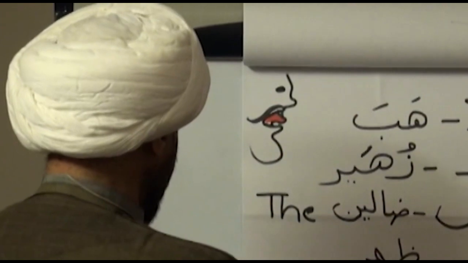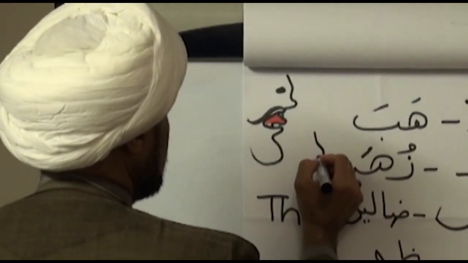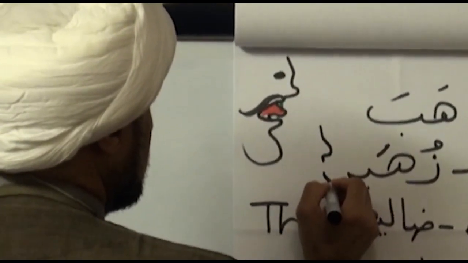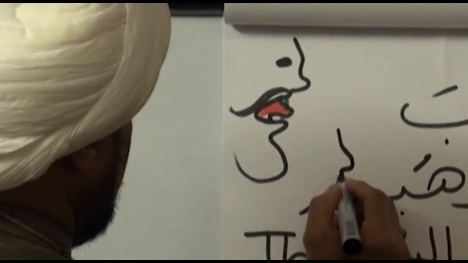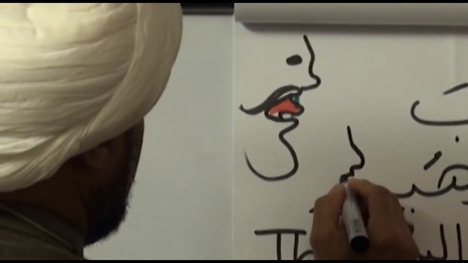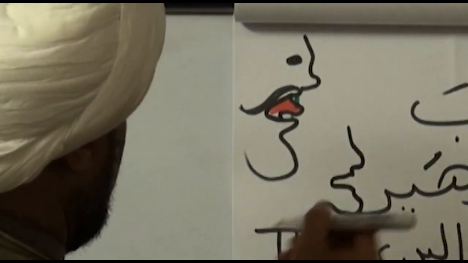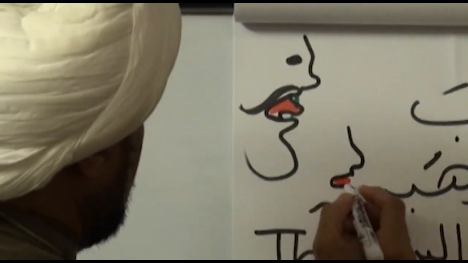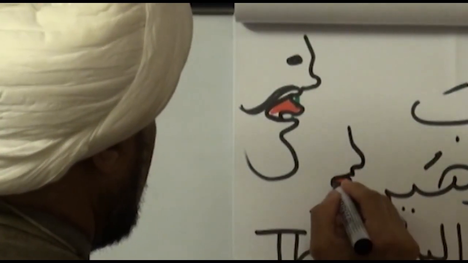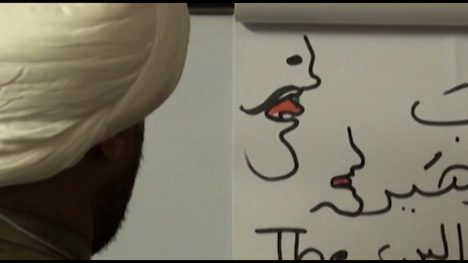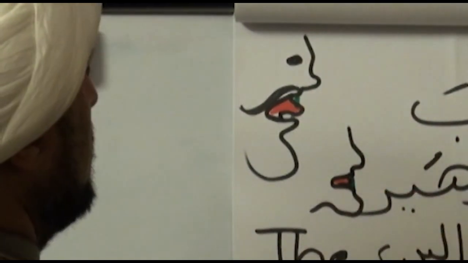Now let me see if I can make Zuhair. The tongue is behind the teeth, so we close with the teeth.